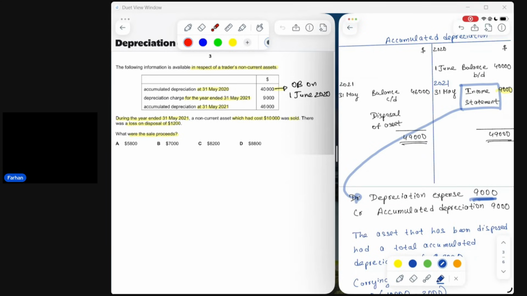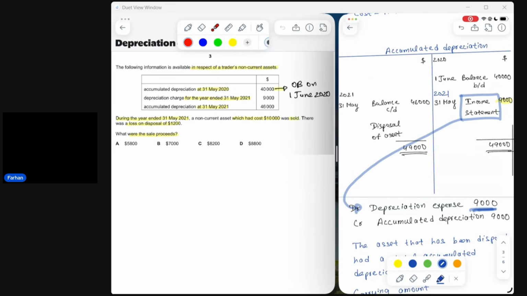Now, to find the total depreciation for the asset which we had sold, we need to balance this. We first find the total of everything on the heavier side, which is the credit side, and that is $40,000 added with $9,000, giving us a total of $49,000, which must be the total of everything on the debit side.